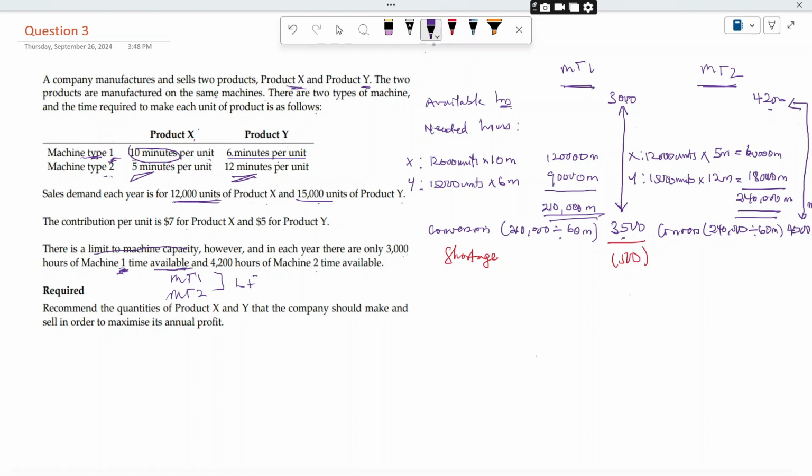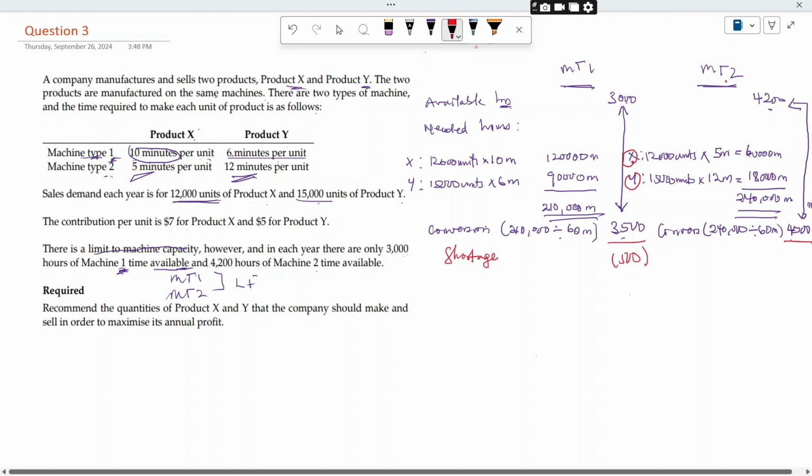Great. Now, let's look at here. To produce product X and Y using machine type 2, we need 4,000 hours. However, when we check, the available hours is 4,200.